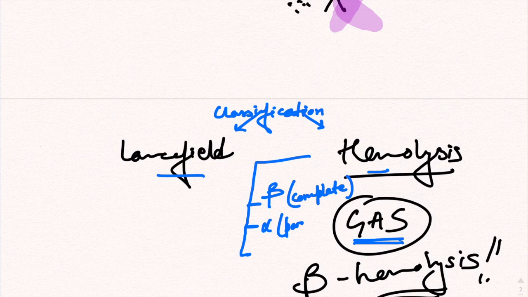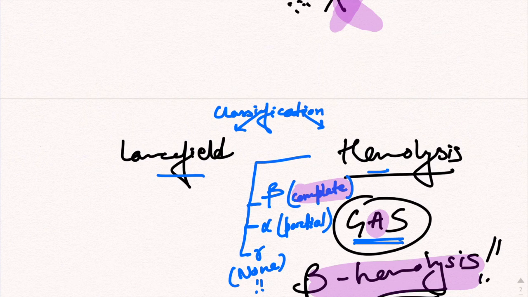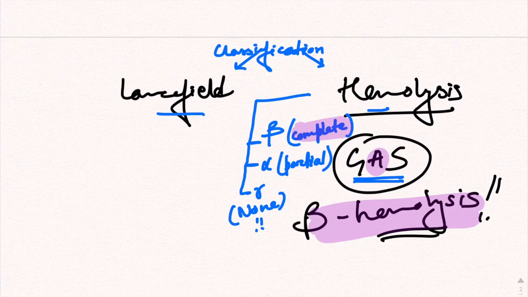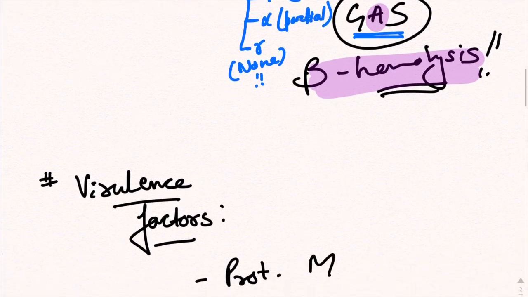Beta hemolytic gives you complete hemolysis, partial is alpha, and last is gamma hemolytic, which have no hemolysis. So ours is Group A strep with beta hemolysis. That means it lyses the blood cells completely when cultured.